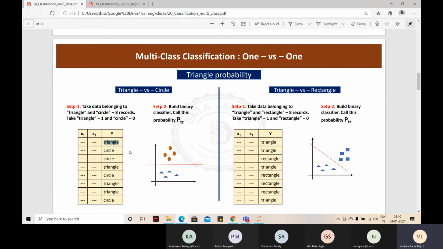Got it? If you want to flip it, you would have to flip the labels, giving circle 1 and triangle 0, and then build a model again. Instead of doing that, I'm actually taking 1 minus probability.